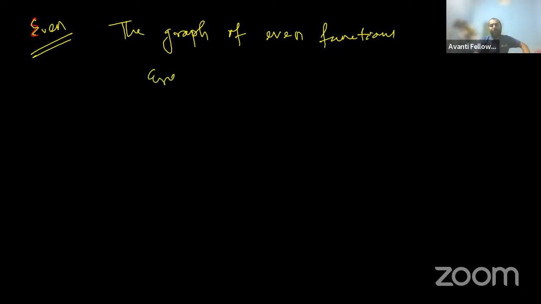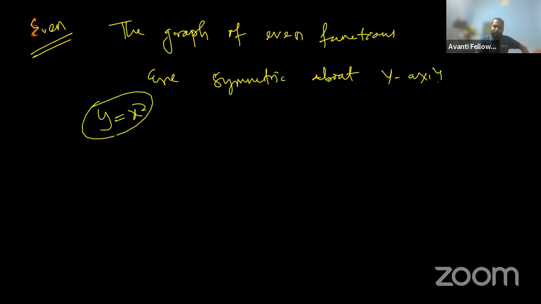are symmetric about the y-axis, right? So the same example we can take, y is equal to x square. The graph of y is equal to x square is like this. So we can see whether this graph y is equal to x square is symmetric about the y-axis or not.